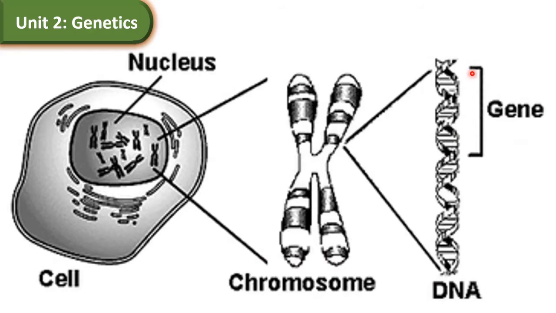For example, I can have here a gene for your hair color. This area can be a gene for your eye color, or this area can be a gene for your height. So a gene is a section or a part of your DNA, which can be found in your chromosome. And where can you find your chromosome? Your chromosome can be found at the center of your cell, the nucleus.